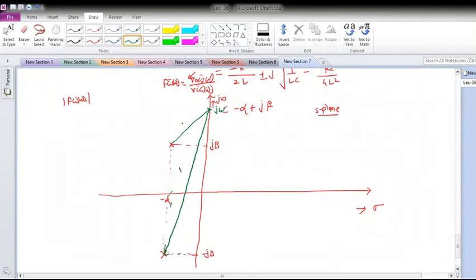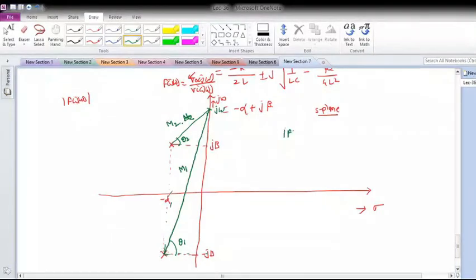So this is my magnitude m1 with angle theta 1, and this is my magnitude m2 with angle theta 2. Now I would like to find the magnitude at omega, so I am taking any point on the j omega axis and finding the magnitude at this j omega point. We have drawn the vectors from the poles to the selected j omega point.